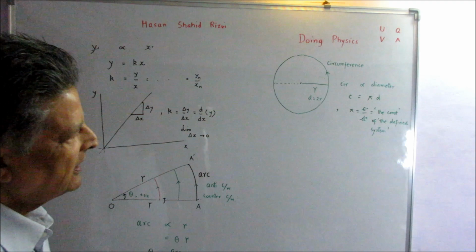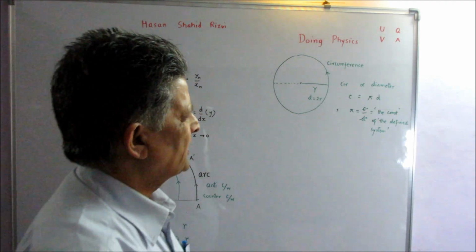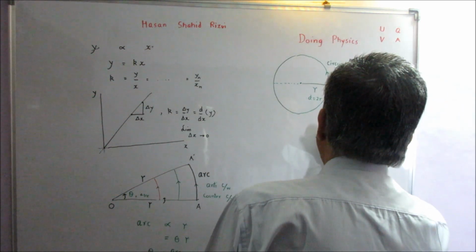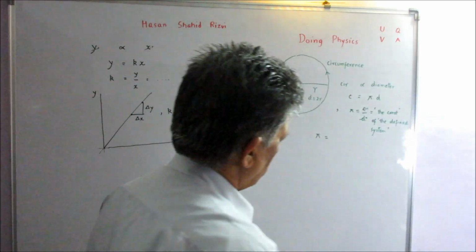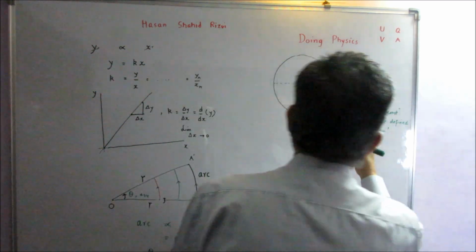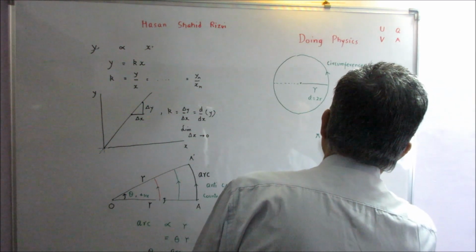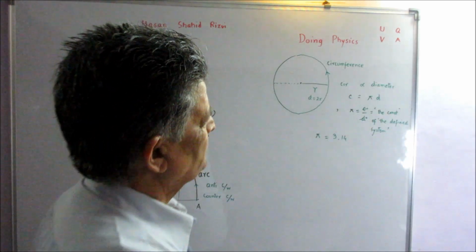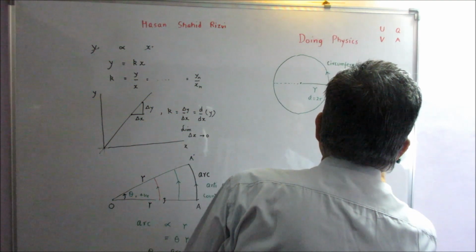So pi, what is pi? Sometimes we give a measure of pi to the students, even at the primary level. Pi is equal to 3.14, approximately.